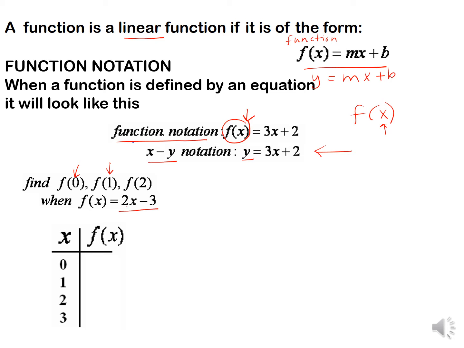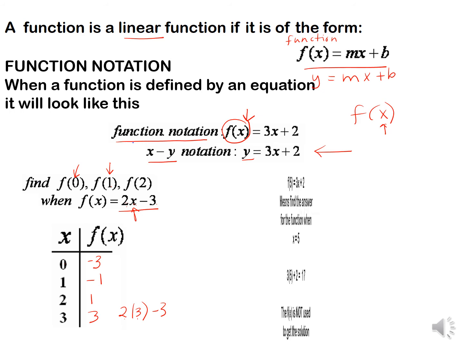So 2 times 0 is 0, minus 3 is negative 3. 2 times 1 is 2, minus 3 is negative 1. 2 times 2 is 4, minus 3 is 1. And so each time I'm plugging the value of x into the equation where x is, and I'm solving the problem. So 2 times 3 is 6, minus 3 is 3. Okay?